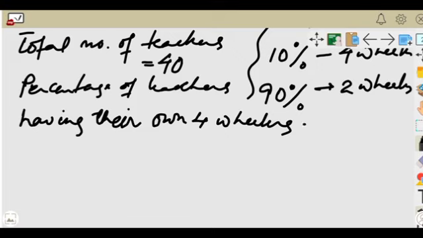Four-wheelers is how much? 10%. So let us find out how many of them have these four-wheelers.